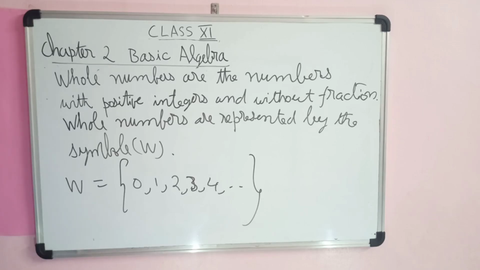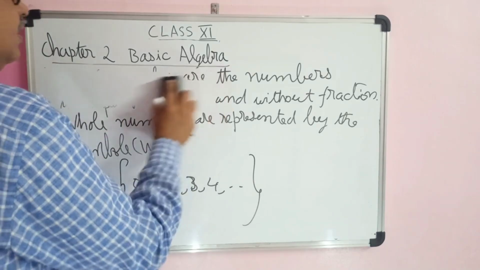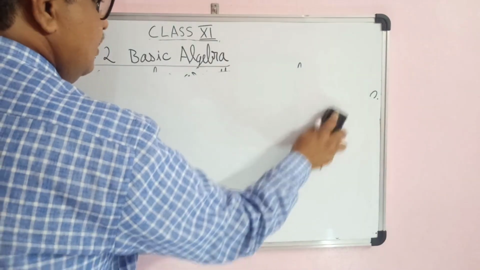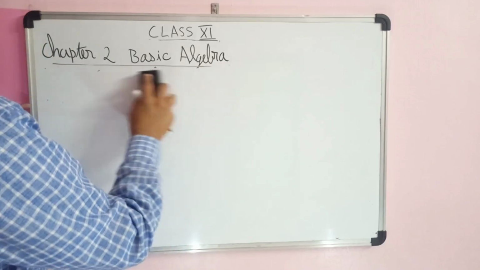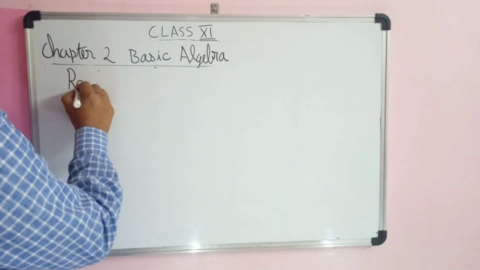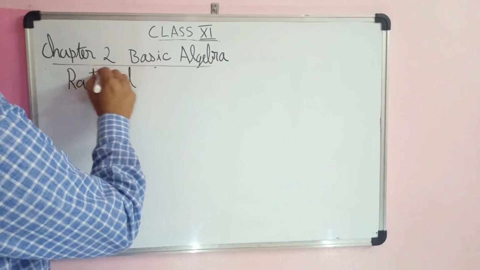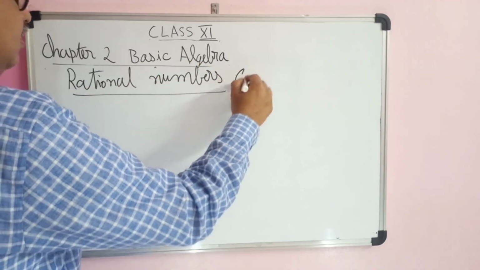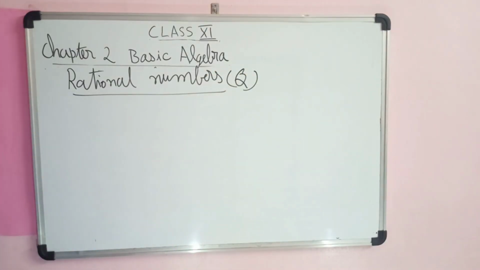Next one, rational numbers. Rational numbers are represented by the symbol Q. Rational numbers are the numbers expressed as the ratio of two integers.